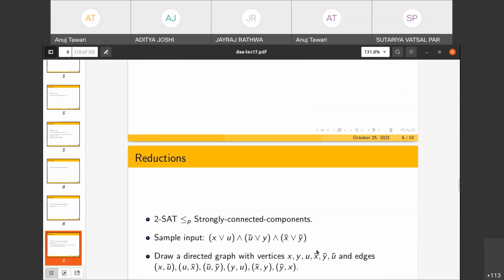So we draw this directed graph with vertices exactly these variables and their complemented versions. And the main challenge is how we will construct the edges. It has to model the constraints of this SAT formula in some way.